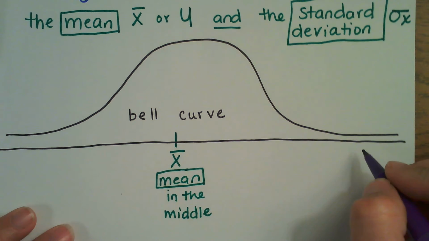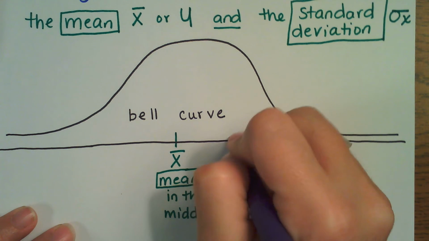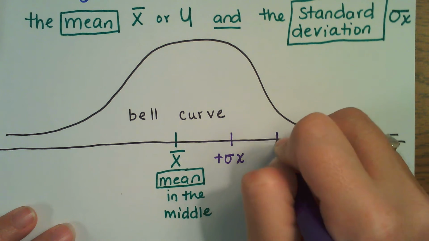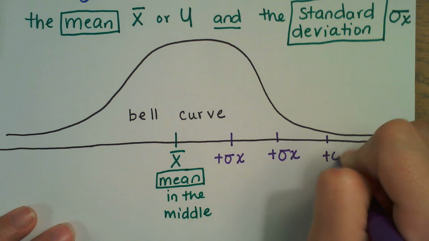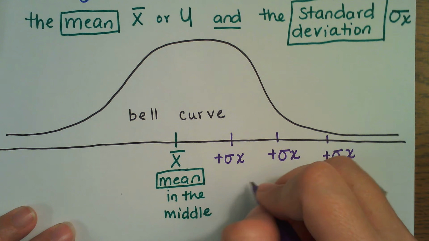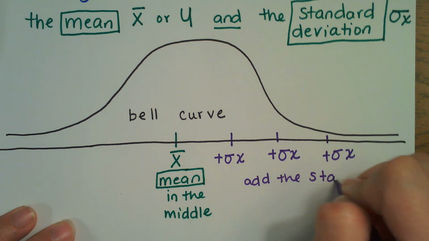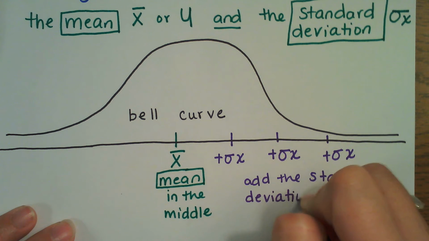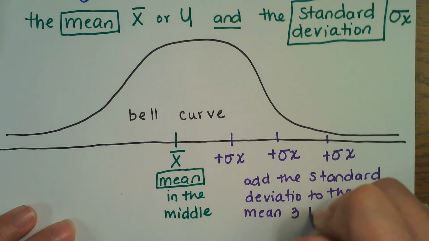Now, this is a number line, and to go to the right, we're going to add one standard deviation. We're going to add it again, and add it again. So we're going to add the standard deviation to the mean 3 times. It's always 3.